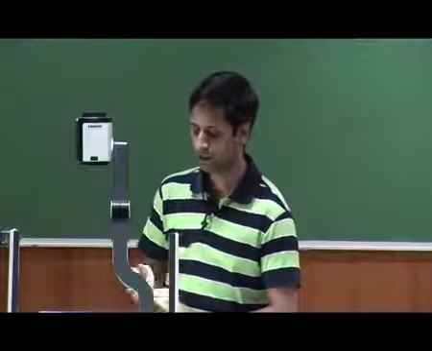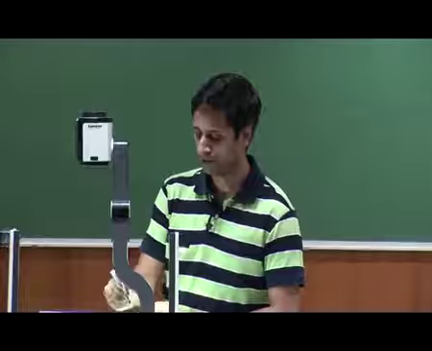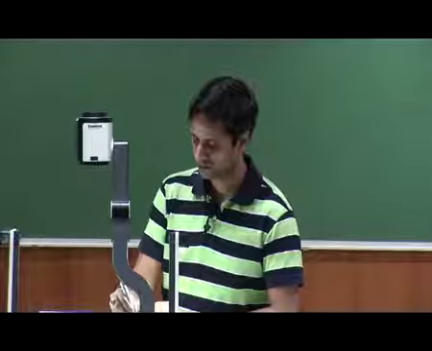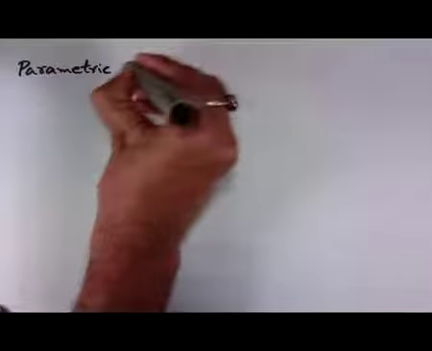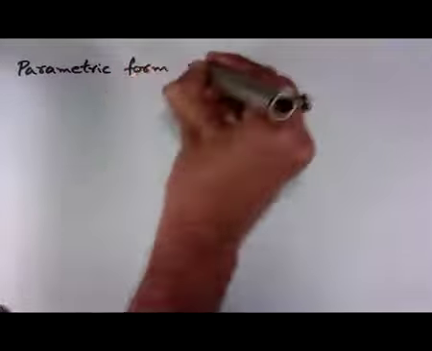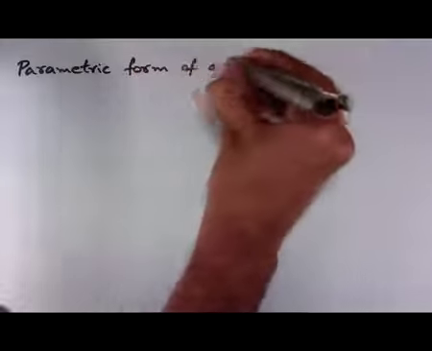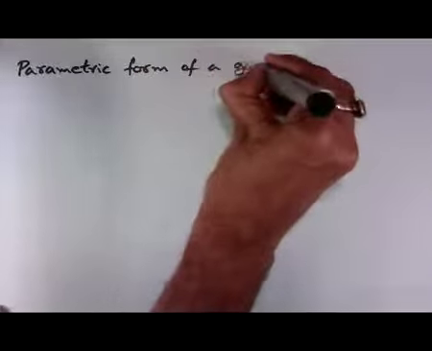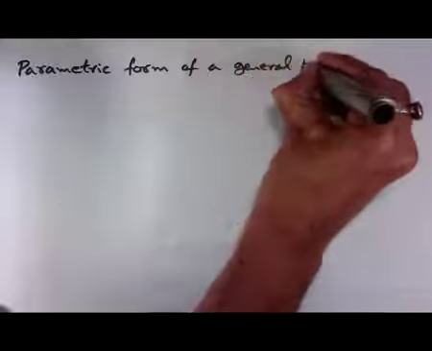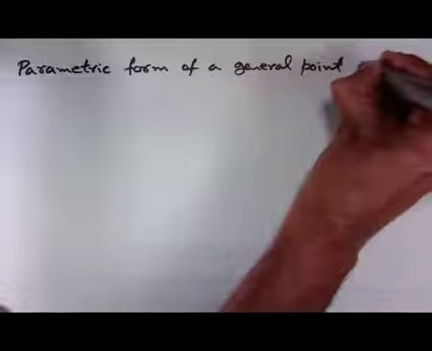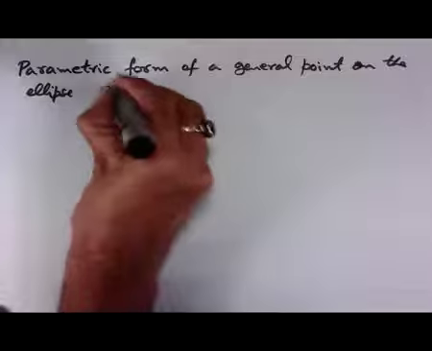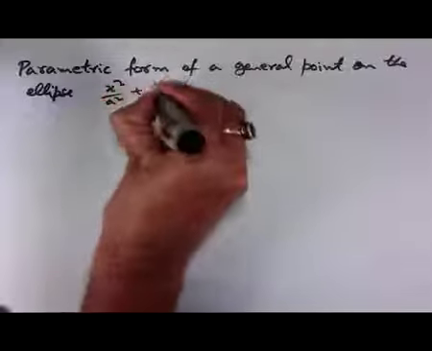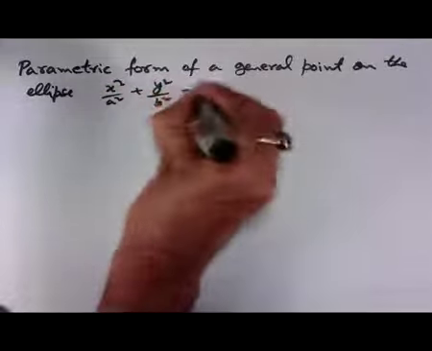Next, we will discuss the parametric form for any general point on the ellipse. Parametric form of a general point on the ellipse x square by a square plus y square by b square equal to 1.